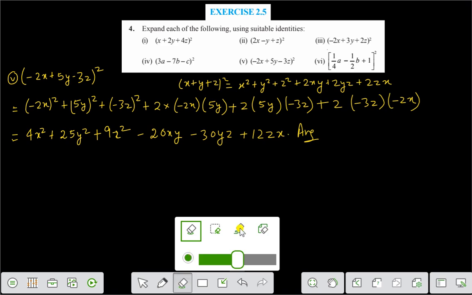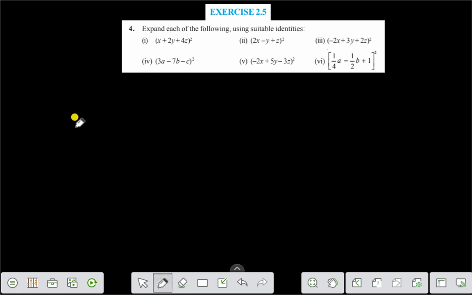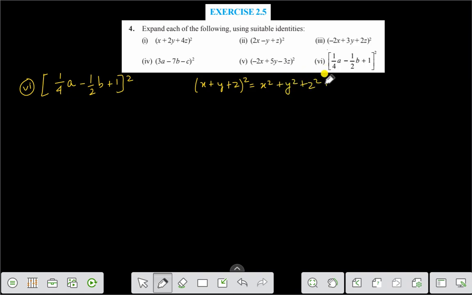Question number 6 is 1 by 4a minus 1 by 2b plus 1 whole square. Use the identity x plus y plus z whole square is equal to x square plus y square plus z square plus 2xy plus 2yz plus 2zx.